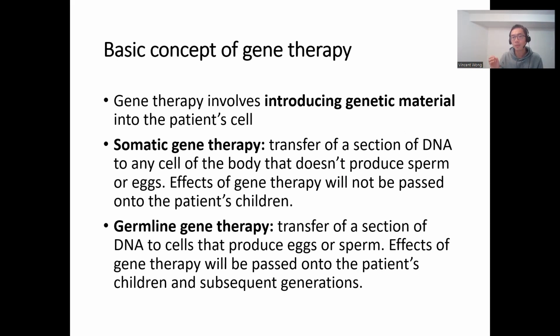Somatic gene therapy will only affect the person who's receiving the treatment because we are introducing genetic material into cells that are not going to become sperm and egg, that are not germ cells. The effects of the gene therapy will be restricted to the person and not future generations.